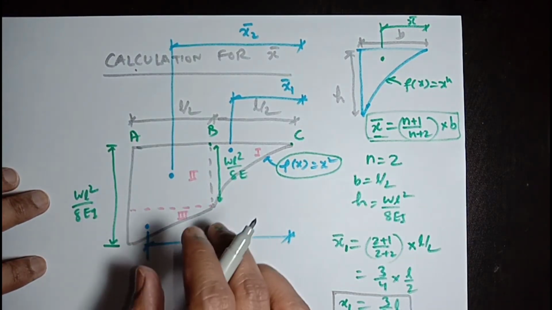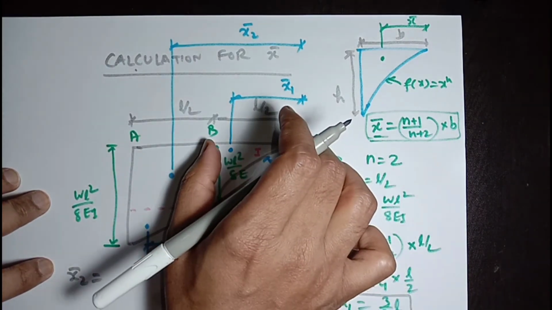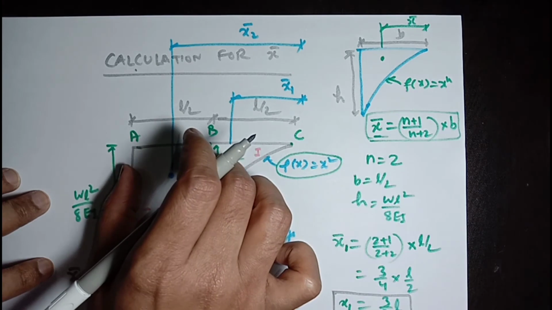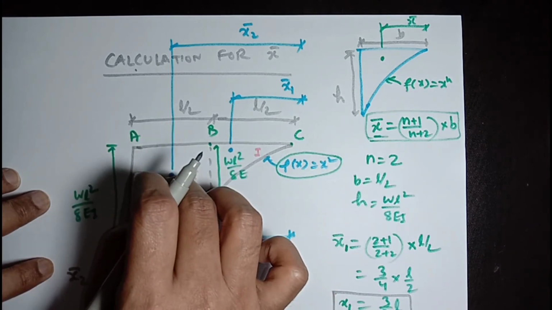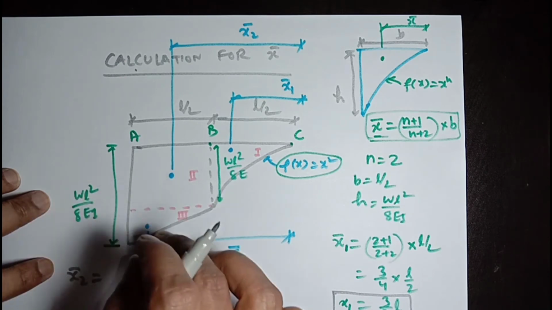Now the calculation for x2 bar is quite easy. For x2 bar, this length is L by 2 and the centroid of a rectangle is at its center.